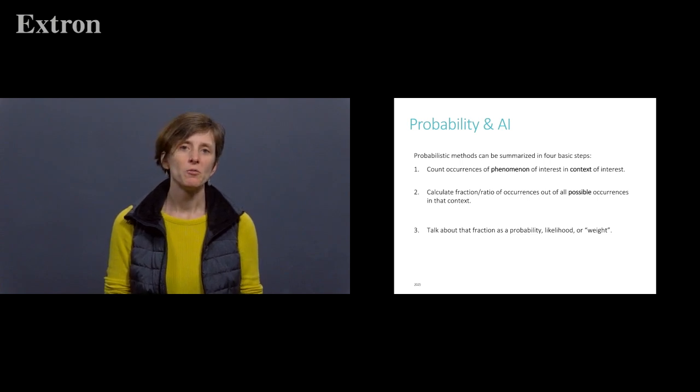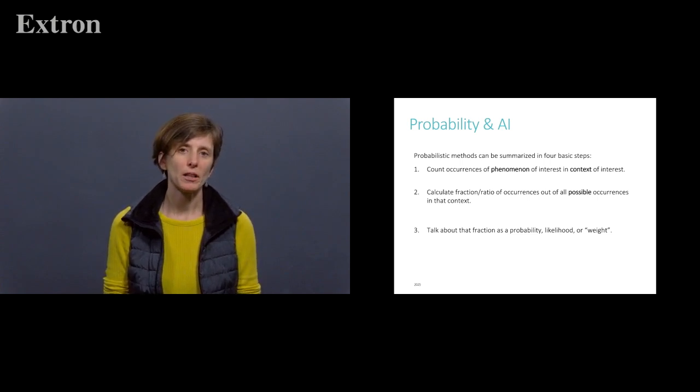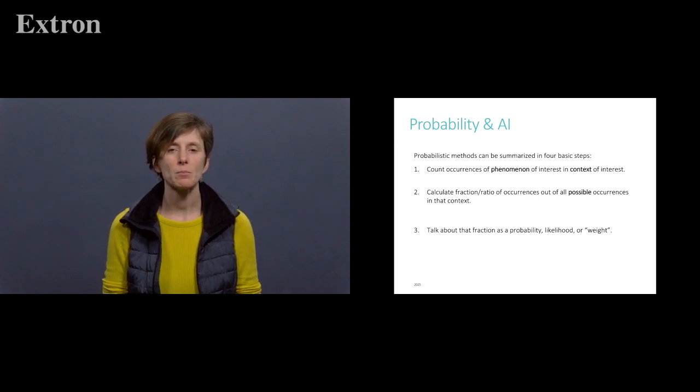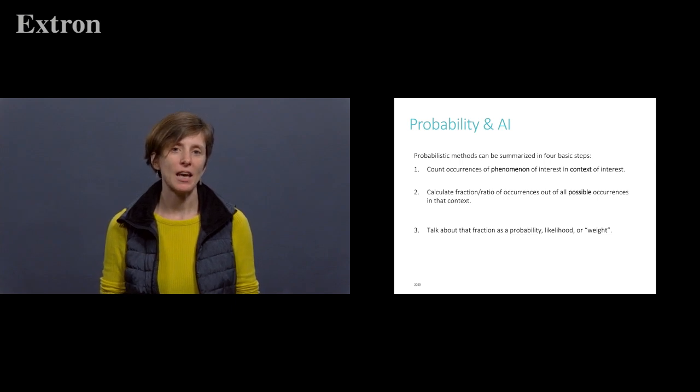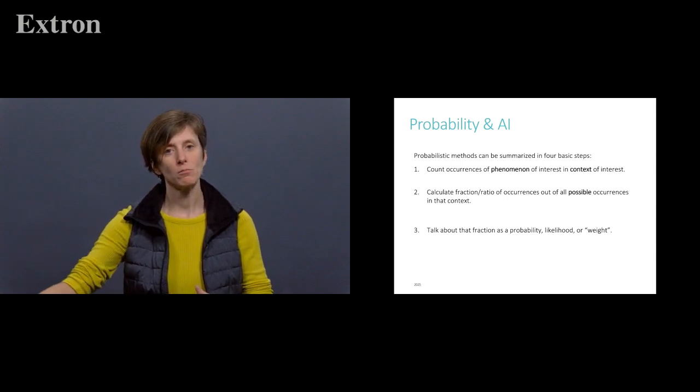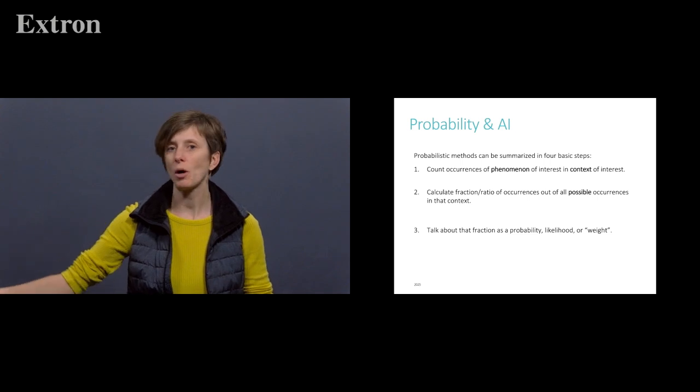There is a technical difference between probability and likelihood. I think it gets covered in one of the videos. We don't care about that in this class, but I want you to know that these are going to be used interchangeably. Another one you might hear is weight. This happens when you put a bunch of probabilities together and multiply them to get a final probability.